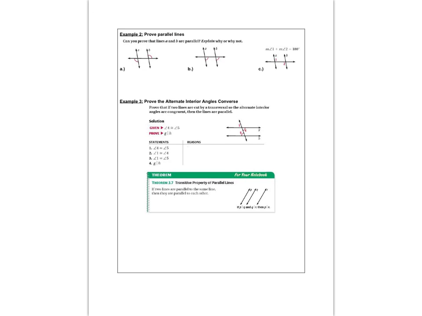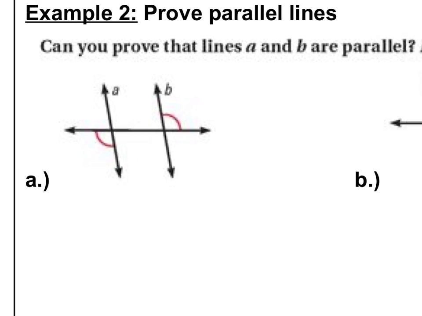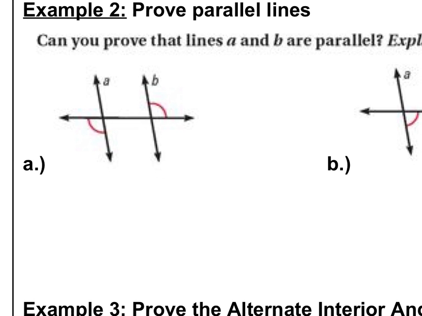Okay, onto the back side already. We're going to put that into use, and we're going to ask ourselves, can we prove that line A is parallel to line B? We look at the angles that are given to us. In this case, we have this one and this one, and this is our transversal.